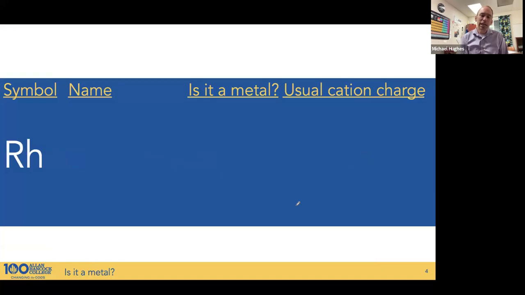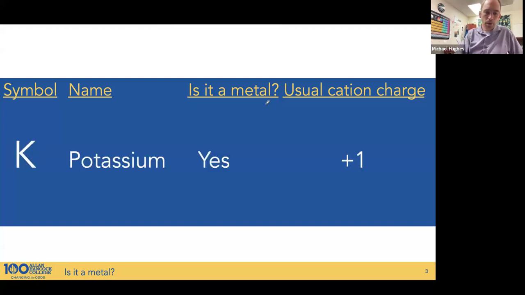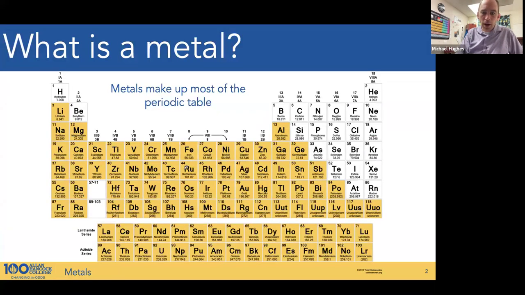So Rh, is it a metal? So let's find out. So rhodium, there's lots of R metals, rubidium. So make sure radium, radon, which is not a metal. But rhodium, Rh is right here, element 45 in the transition metals. It is a metal. There we go. Pen wasn't working.